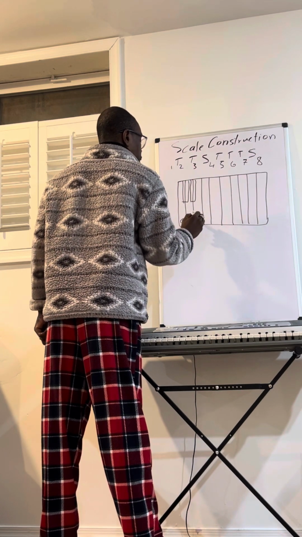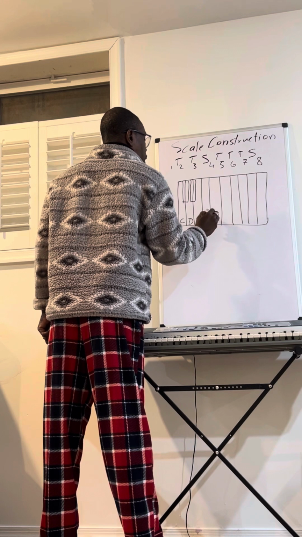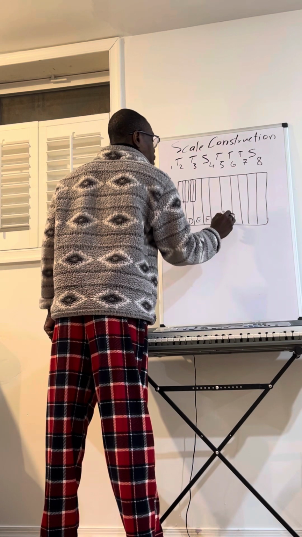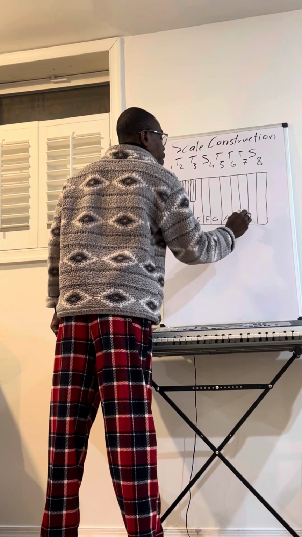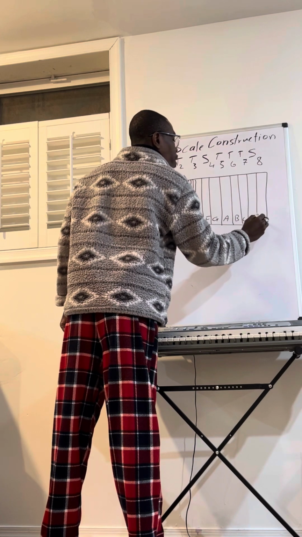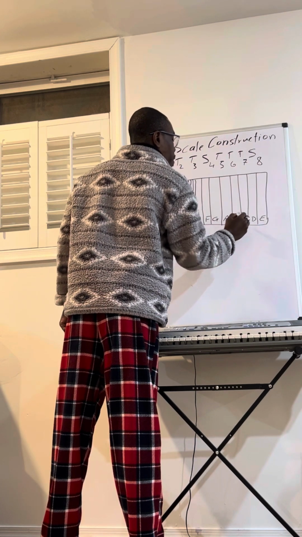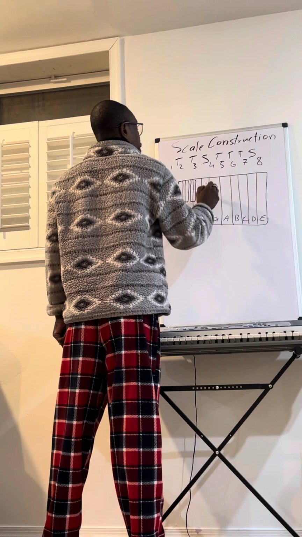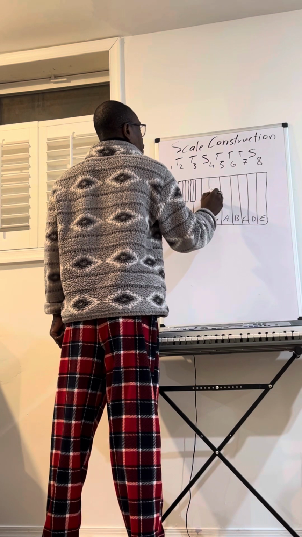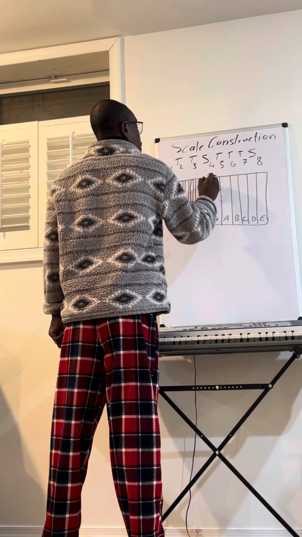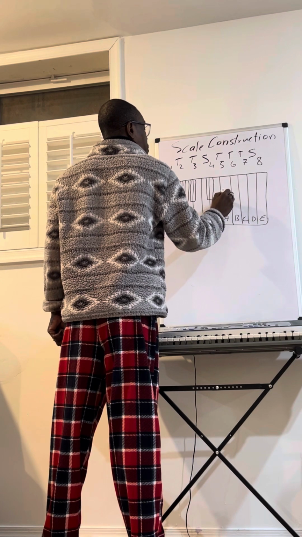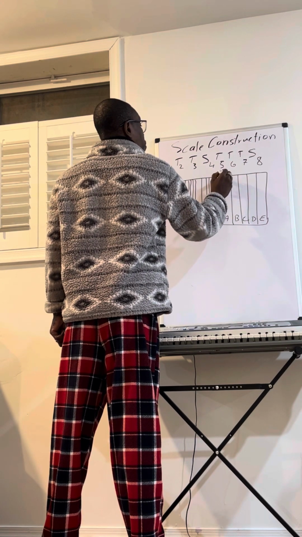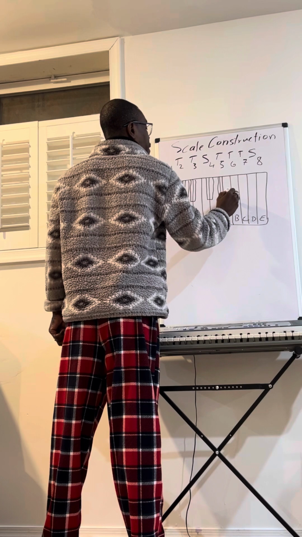The letters C, D, E, F, G, A, B, C, D, and you continue, repeat the same letters. Alright, E and F, no black keys. Two black keys in a group, and then you have 3.